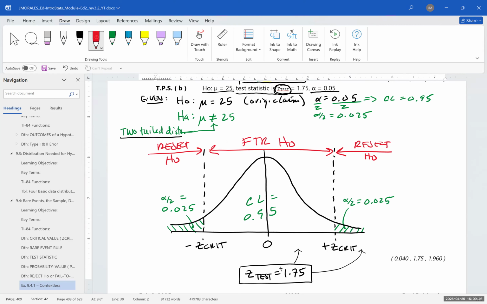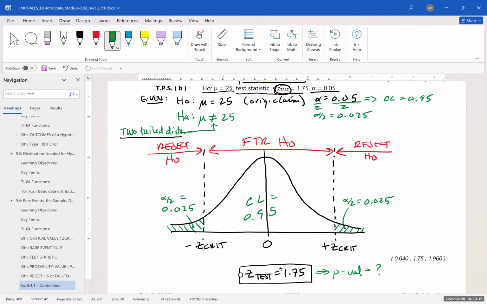So by determining whether the test statistic lies here or lies here, we will determine whether we're going to reject or fail to reject. And the other thing we're going to want to calculate is the p-value that is adjacent to that test statistic. We'll calculate that as well.